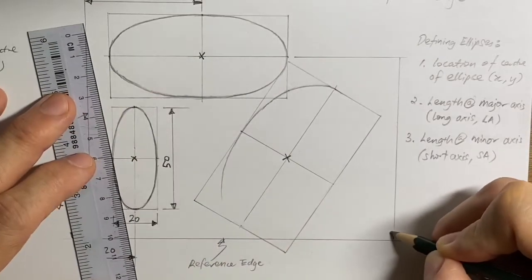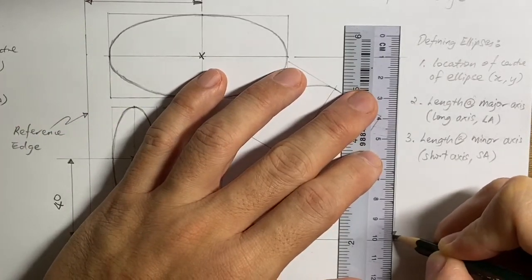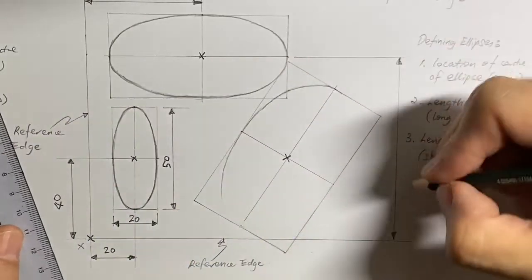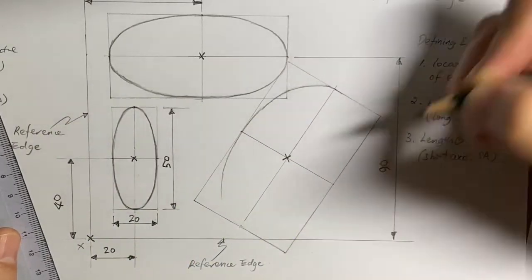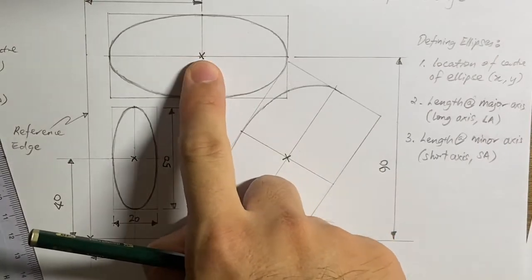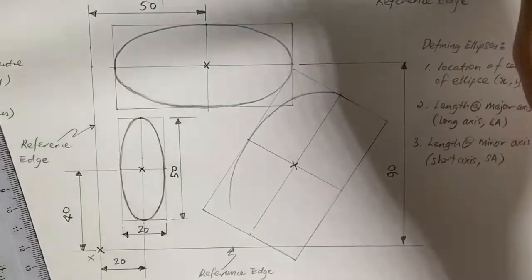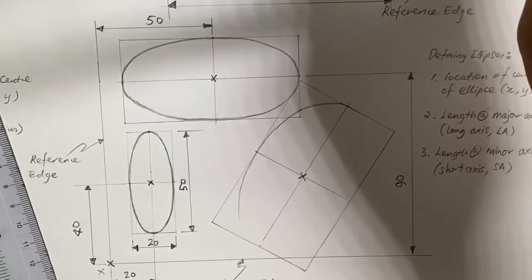This is approximately 90. Right, so that defines the center of this ellipse. And oh, I'm so sorry, did I miss that? So 50 and 90.